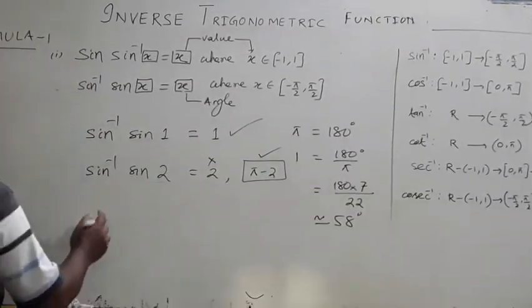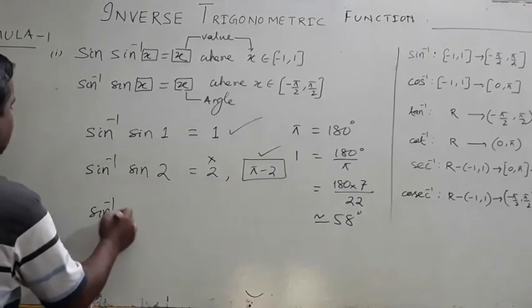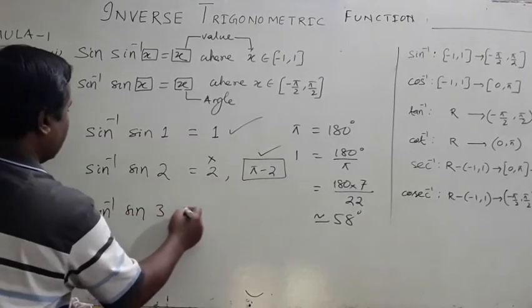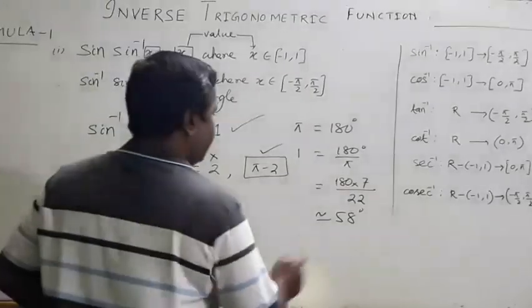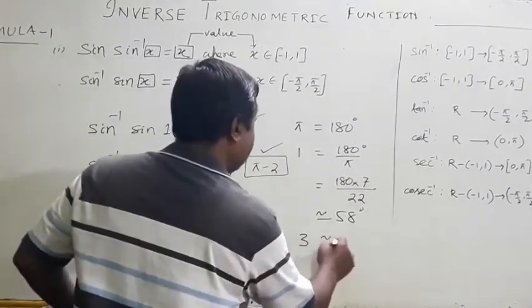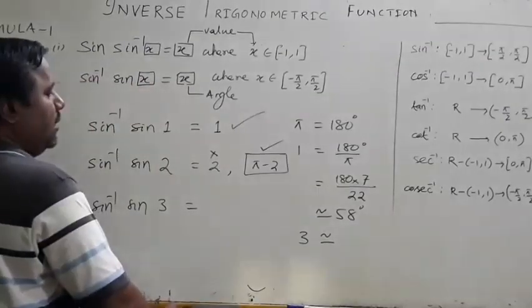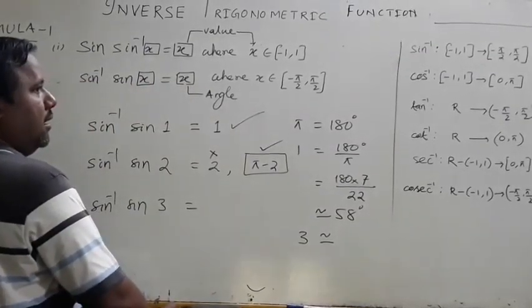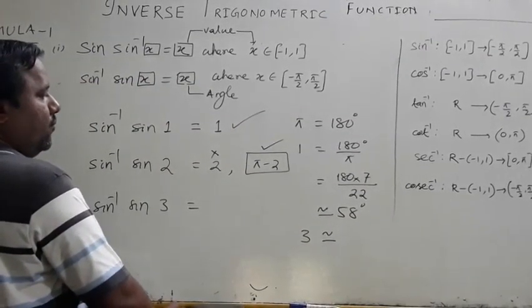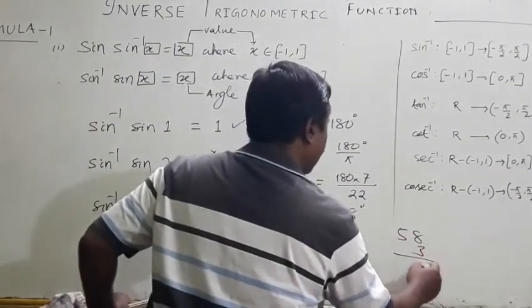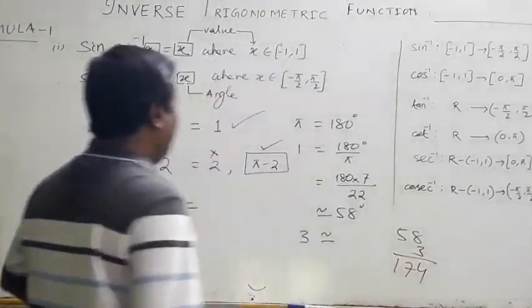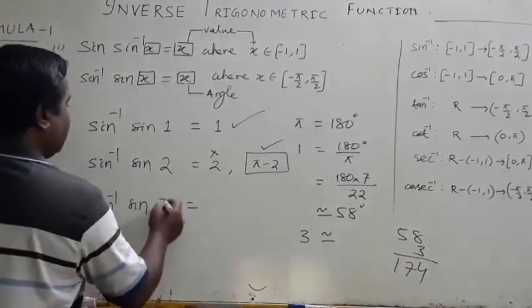Now I am giving another example to you. Sine inverse sine 3. Look here. What happens if I take 3? It is nearly 58 into 3, which is 174 degree.